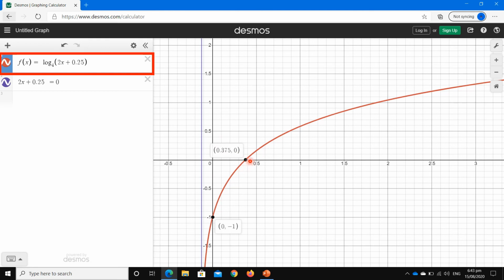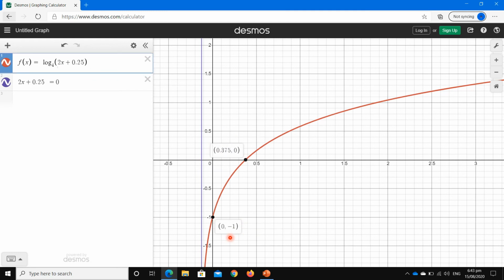Where the graph passes through the x-axis, that is our x-intercept, and where the graph passes through the y-axis, that is our y-intercept. Our x-intercept in this case is (0.375, 0), and our y-intercept here is (0, -1). By taking the x value of our x-intercept, that is the zero of the function.